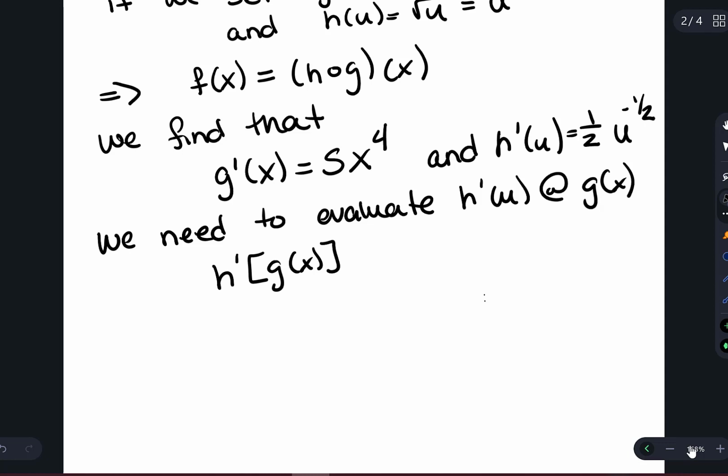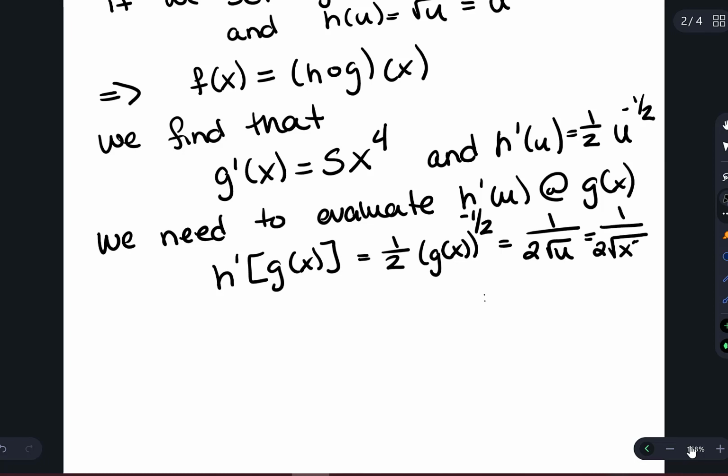And so notice that's going to be equal to 1/2 times g of x to the negative 1/2. Or we could write this as 1/2 times the square root of u, which is going to be equal to 1/2 times the square root of x to the 5th plus 1.